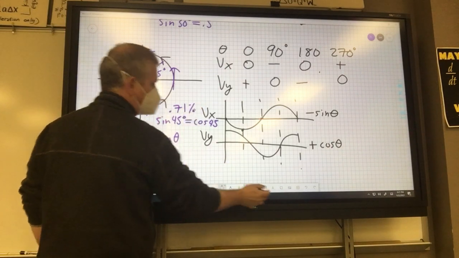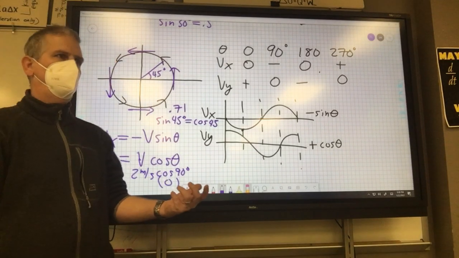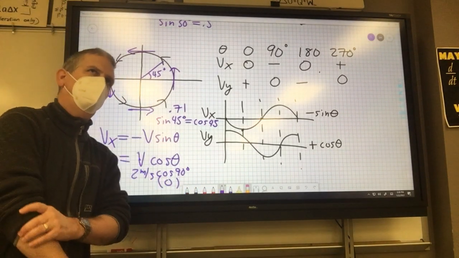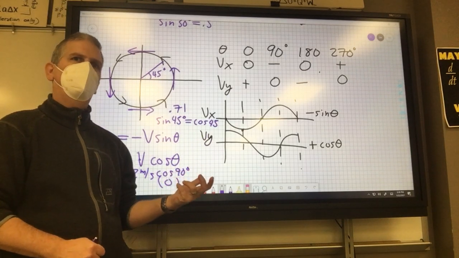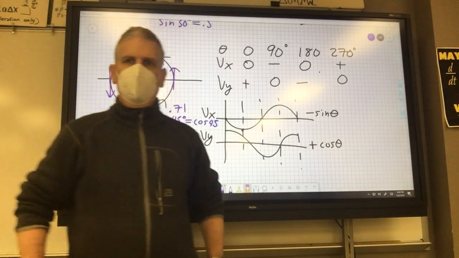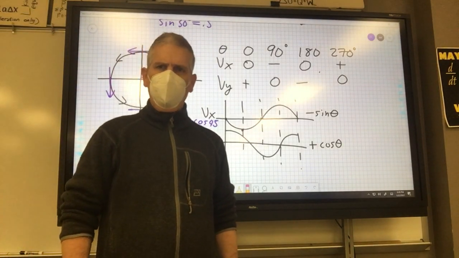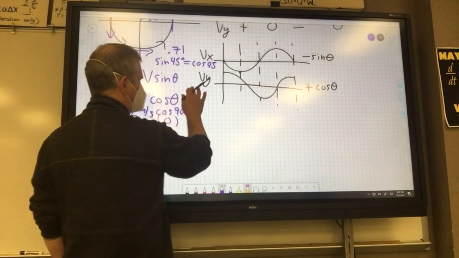So the x velocity is 71% of the total. The y velocity is 71% of the total. And you might say, how does that equal 1? 71% and 71% does not equal 1. But it's a right triangle.